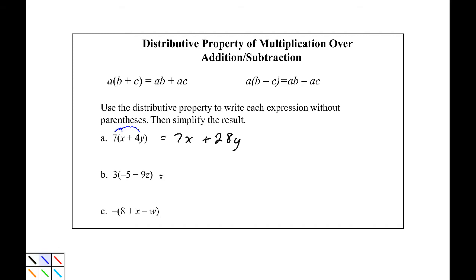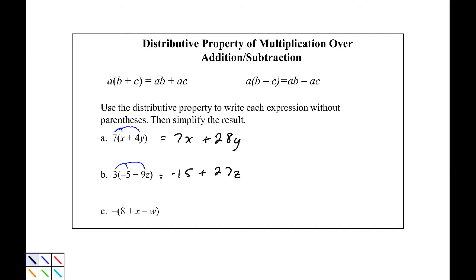For our next example, we have 3 parentheses negative 5 plus 9z. We'll multiply 3 times negative 5 to get negative 15 plus 3 times 9z, which is 27z. So we have negative 15 plus 27z.